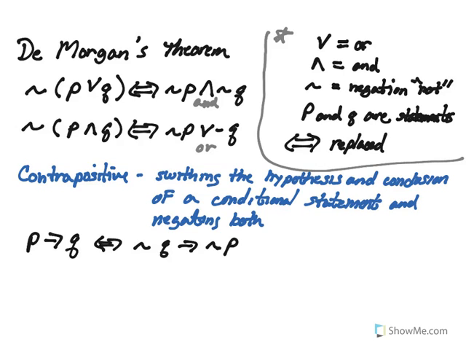If you have Q, then you have P, and then you make both of them negative. So it reads just like this: if not Q, then not P. That's how you would read it.